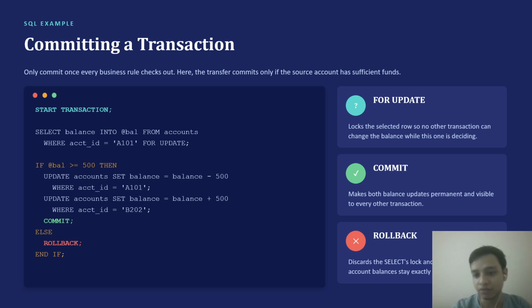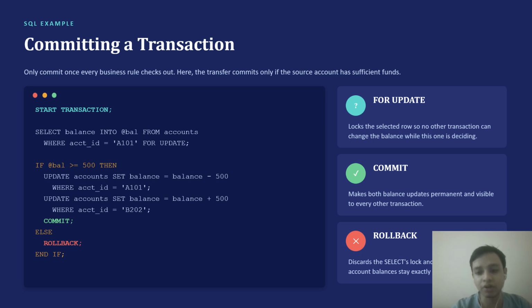The example I gave you was about 100; in this example they are taking 500. They selected the balance into a variable called balance, from the accounts table where account ID is A101.